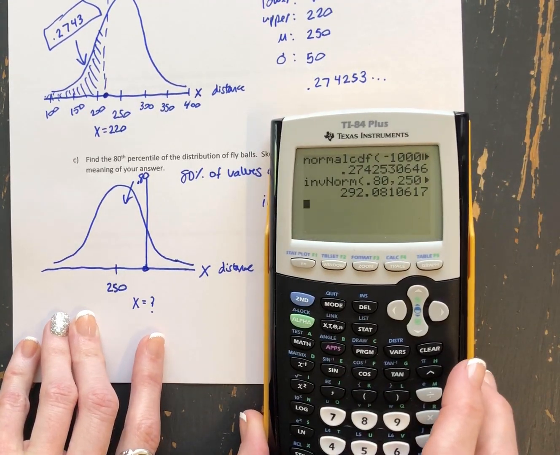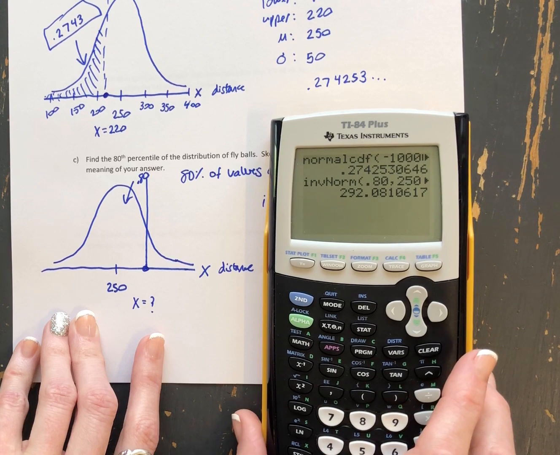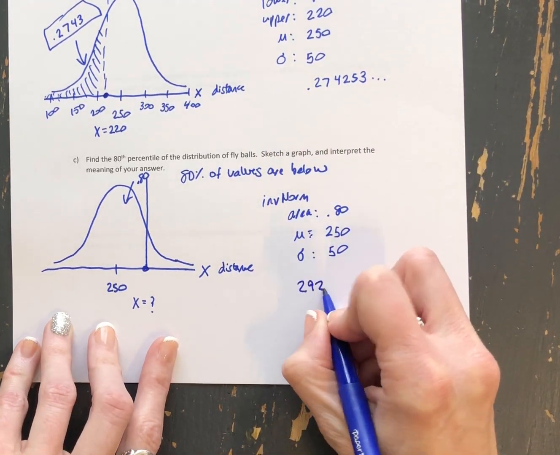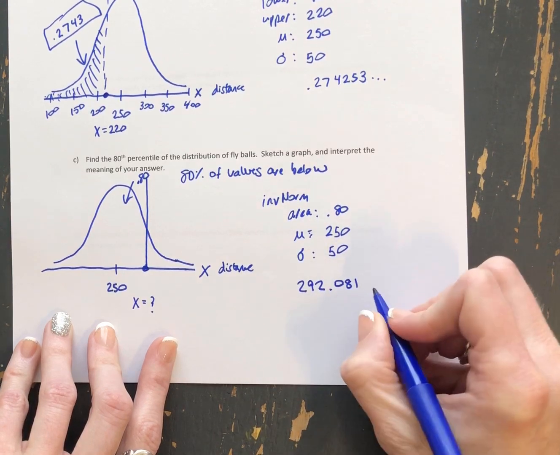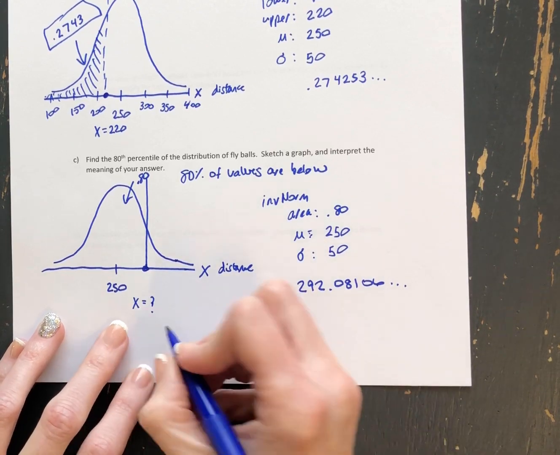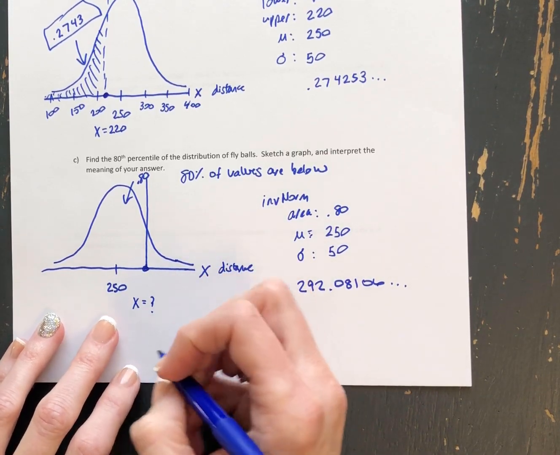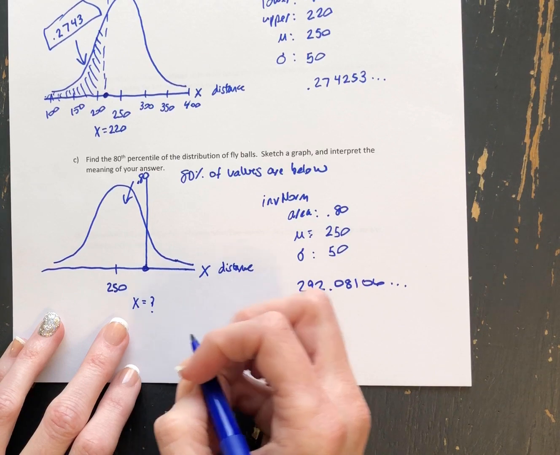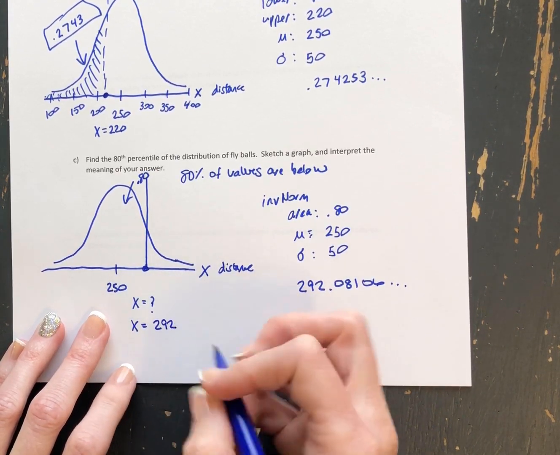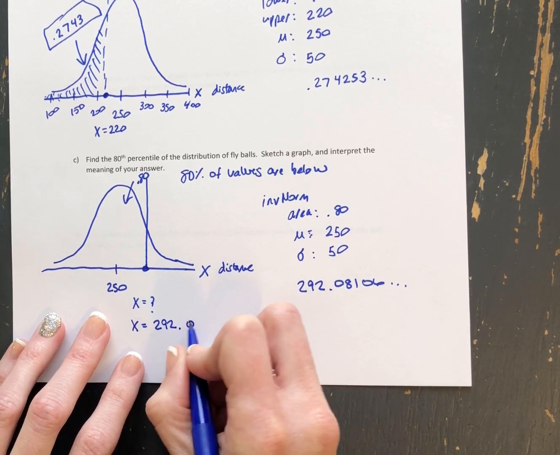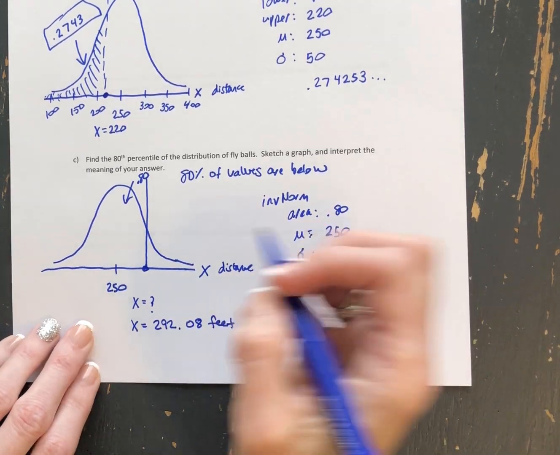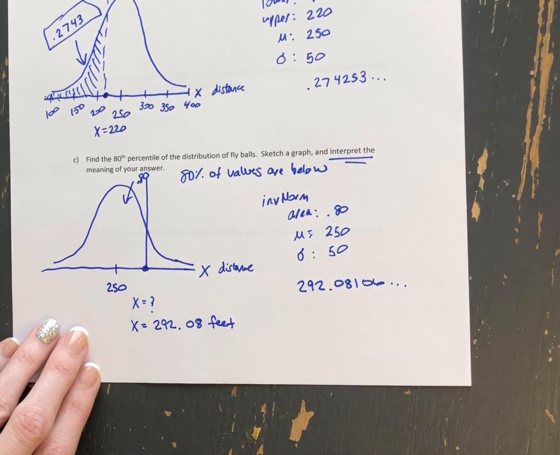And what we get there is 292.08106 and so forth. And so the 80th percentile would be 292.08 feet. This one we were asked to interpret the meaning of our answer.